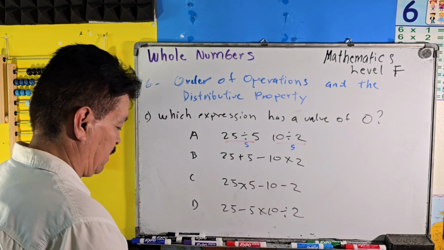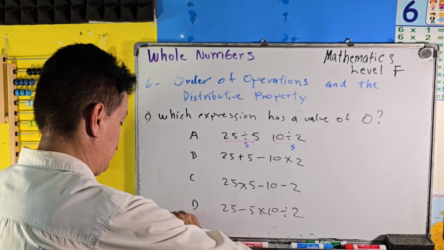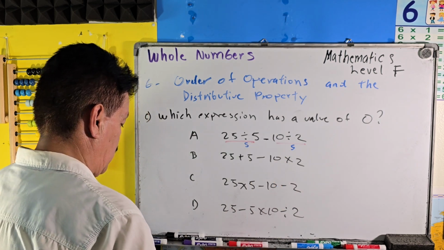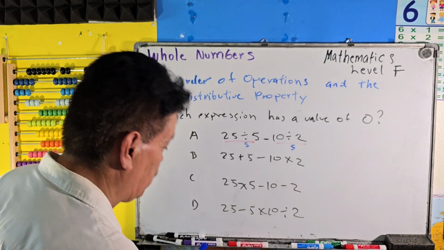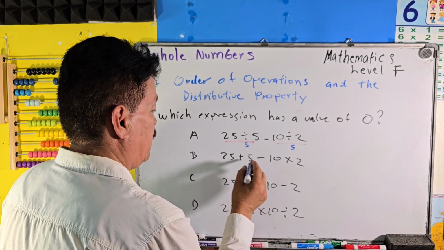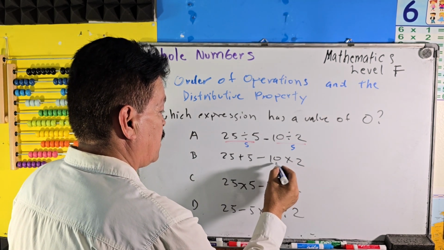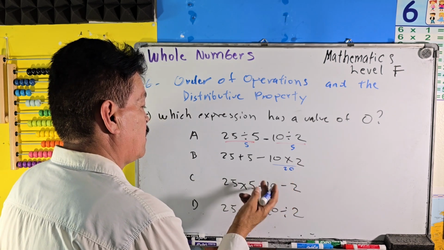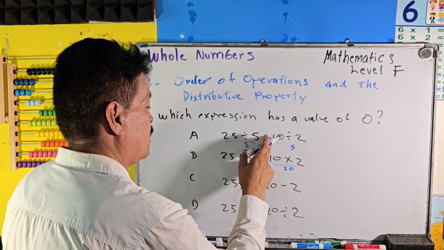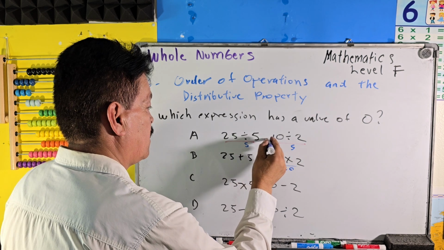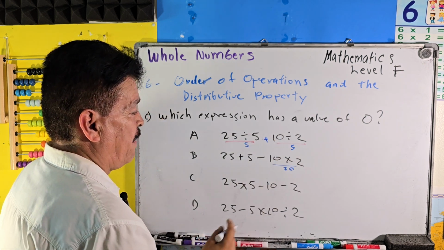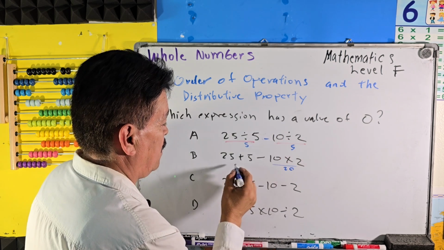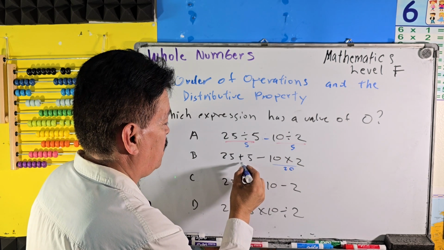The first one is minus. All right. So let's, I will write all the problems. Solve this first. 20. Keep it the same. And then 25 plus 5 is 30.